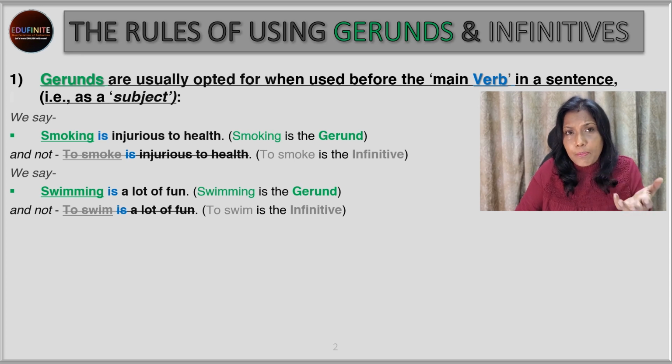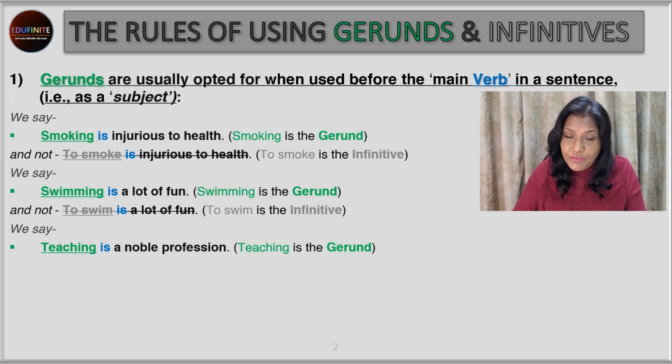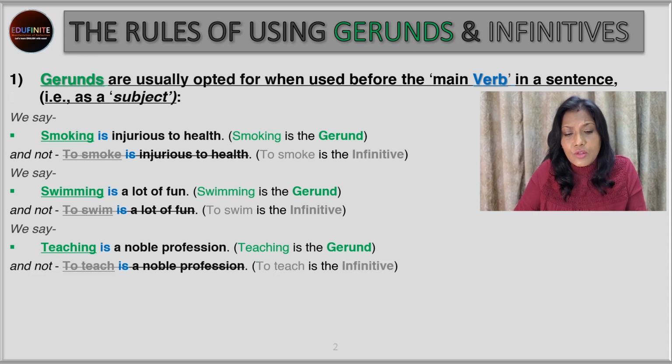Like the general people, when they are talking, we usually go for these gerund forms of the verb rather than the infinitive forms when we use them as subjects. Well, let's look into some other examples. We usually say teaching is a noble profession, where teaching is the gerund, of course, and we hardly say to teach is a noble profession, where to teach is the infinitive.